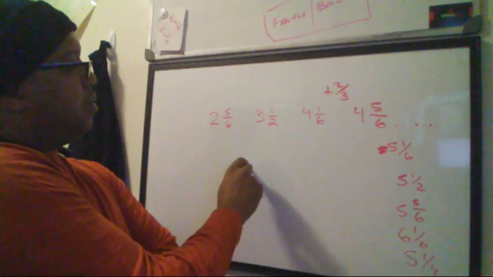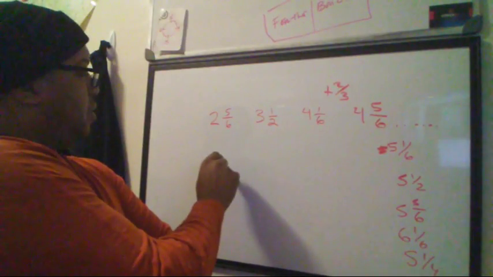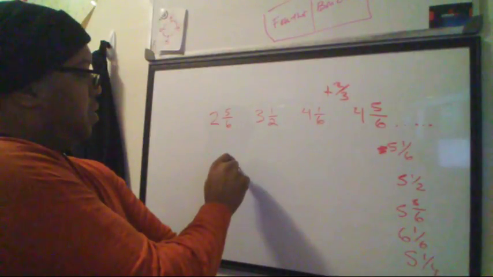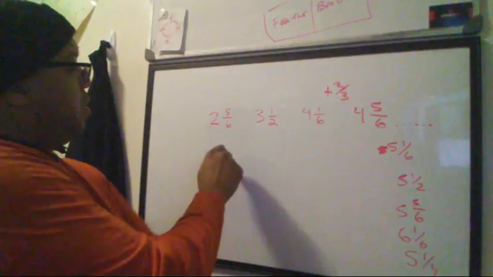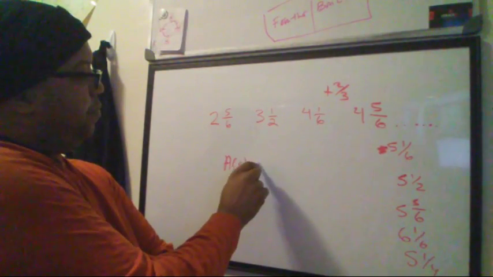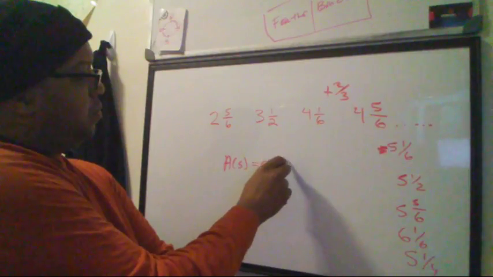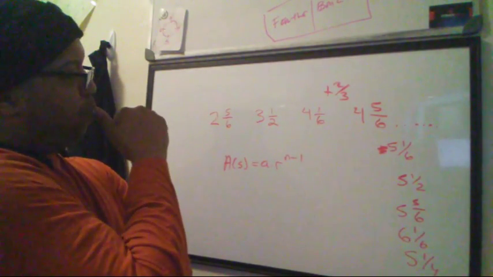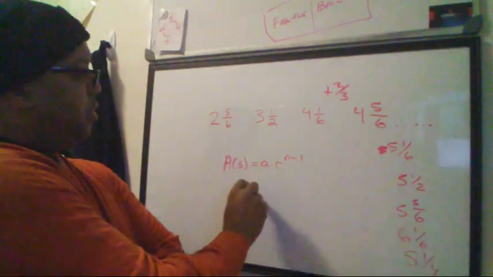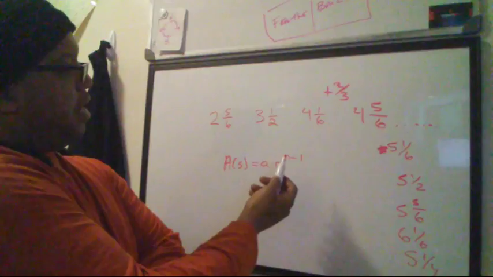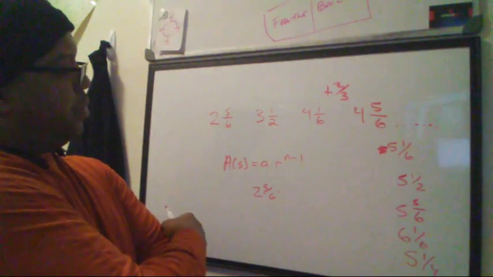Okay. And we want the 5th term. All right. So the first term is 2 and 5 over 6 times, I don't know what the common ratio is.